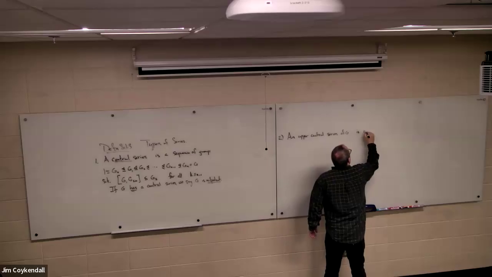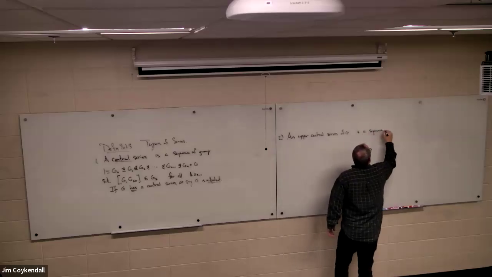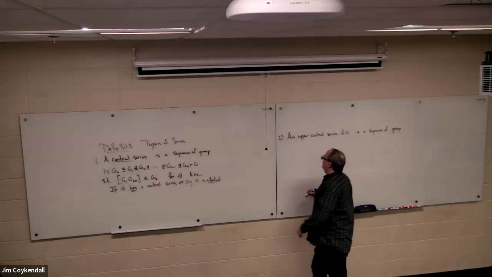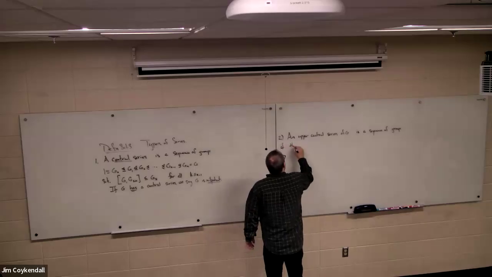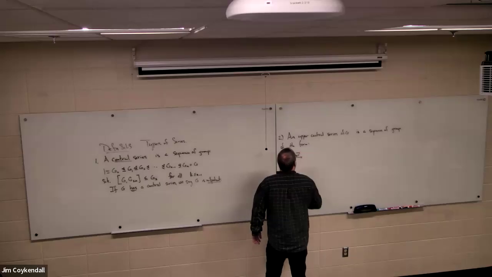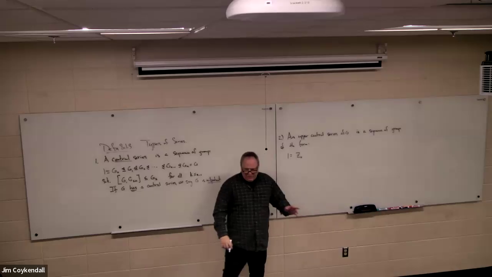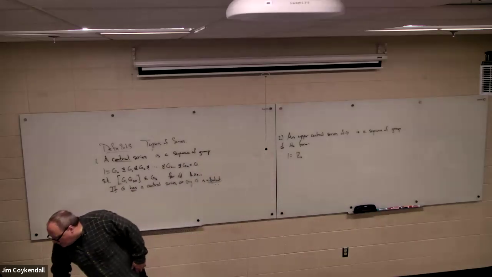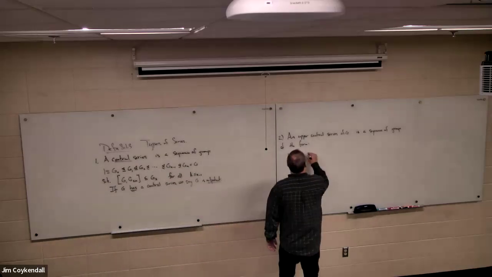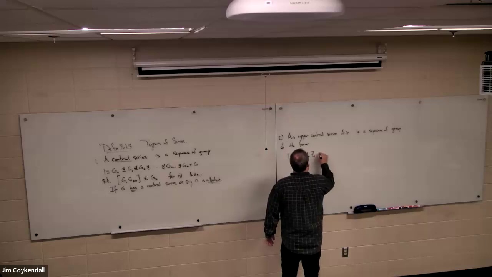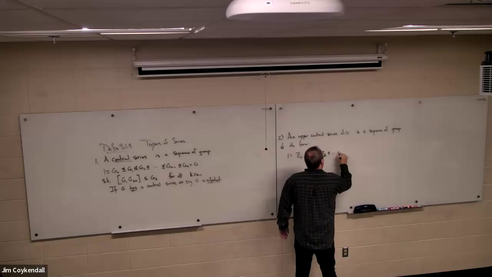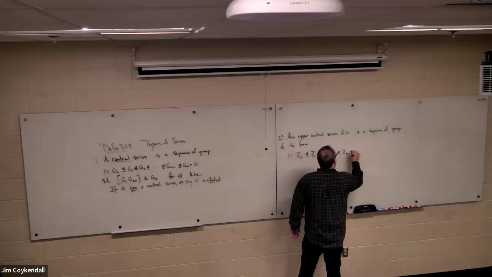I'll take the sequence of the form, so I'm going to define the first one to be Z0. It's going to be the identity. That one is normal in Z1, normal in Z2, normal in Zk.